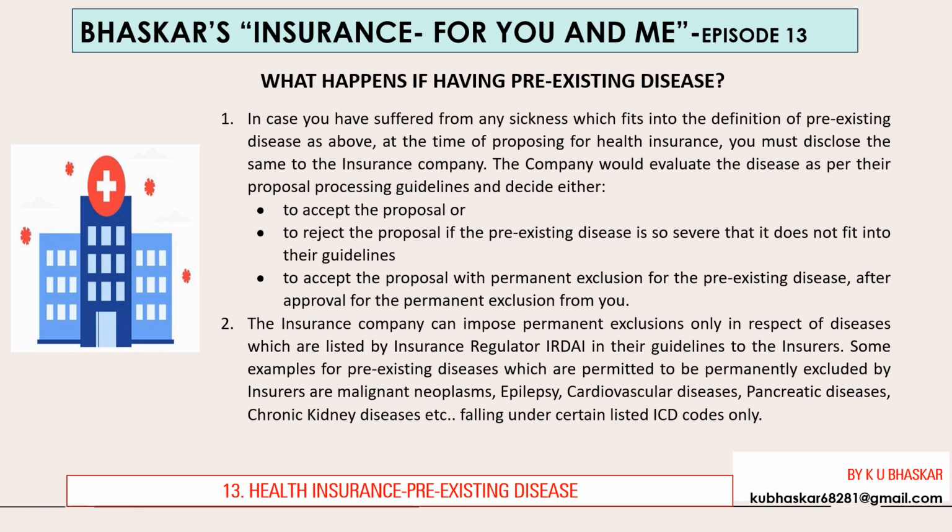Now, the insurance company can impose permanent exclusions only in respect of certain diseases which are listed by the insurance regulator, that is IRDAI, in their guidelines to the insurers.